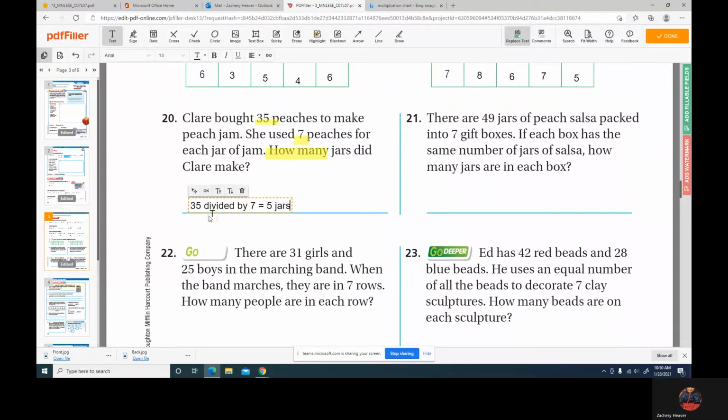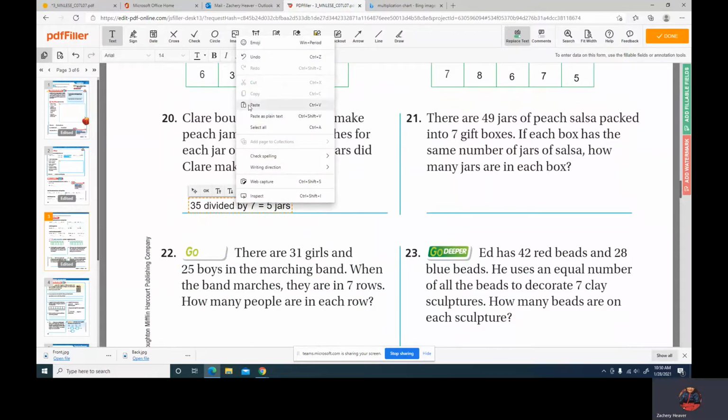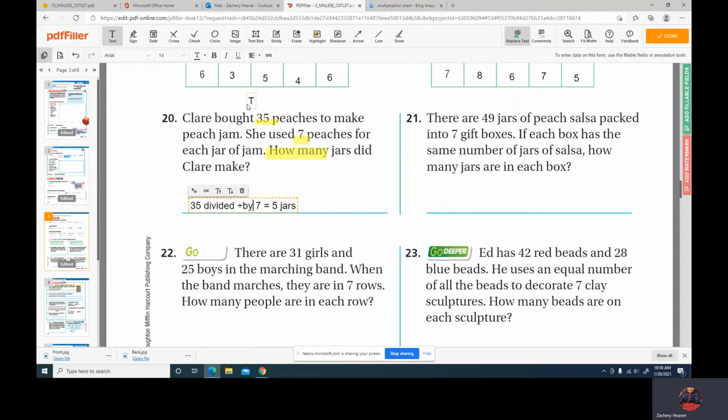Just did that one. If you want to use the division symbol here, it won't let me paste it in, but you can write divided by, or you can use the division symbol. I don't have one on my keyboard, and it won't let me copy and paste. Let me see if this will work. There it is. So 35 divided by 7, which equals 5.